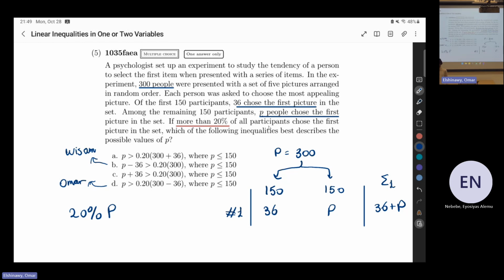We don't need to take it from 36. We will take it from the other 150. Yes, it's all participants. So it's 20% of P plus 36. No, I meant here.